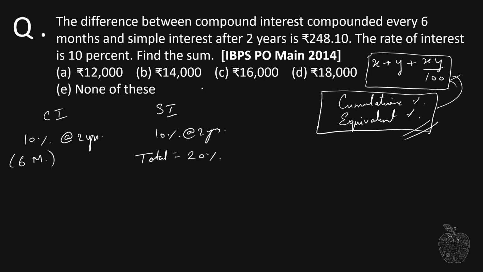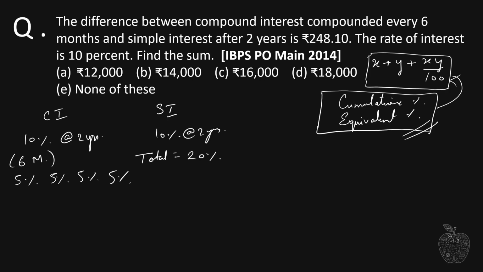Now let's get back to solving the question. We know that this is compounding twice a year, so we divide the rate of interest by 2, which means 5%, but the total period is 2 years. So after the first 6 months, 5%, then another 6 months 5%, then another 6 months 5%, then another 6 months 5%. So this becomes a total of 2 years.